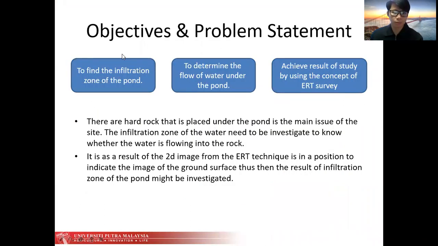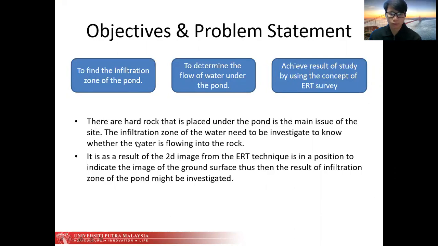There are three objectives of my study. First, to find the infiltration zone of the pond; second, to determine the flow of water under the pond; and third, to achieve the result of the study by using the concept of the ERT survey. For my problem statement, the hard rock that is placed under the pond is the main issue of the site.